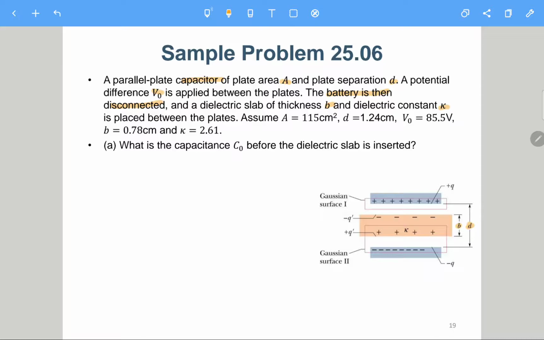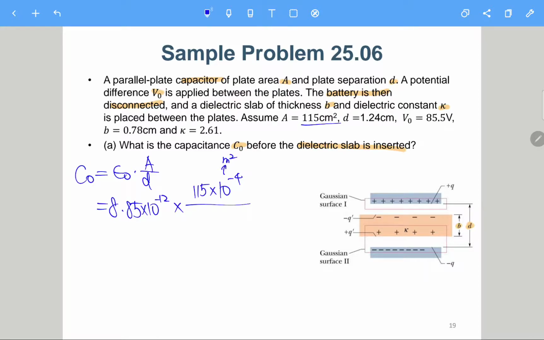So what is the capacitance C0 before the slab is inserted? Similarly, we can simply calculate C0 is epsilon naught times A over D. So it is 8.85 times 10 to minus 12 times A, which is 115 times 10 to the minus 4 to convert it back to meter square, which should be the SI unit.